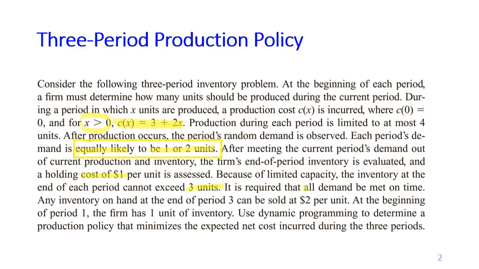All demand must be met on time. And finally, at the end of period 3, if you still have some items left in your warehouse, they can be sold at $2 per unit. At the beginning of period 1, there is 1 unit of inventory in your warehouse. And then we would like to maximize the expected net cost during the next 3 periods.